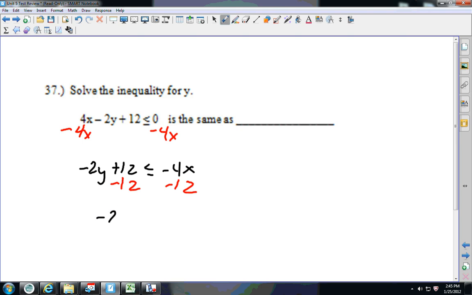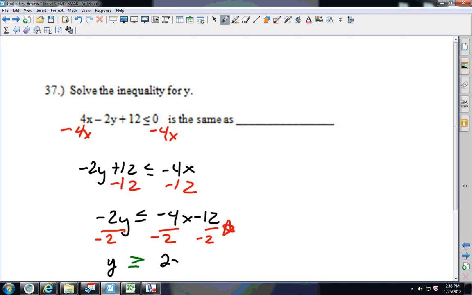I get negative 2y less than or equal to negative 4x minus 12. Divide by negative 2. I divided by a negative, so I have to flip the sign. Y is greater than or equal to 2x plus 6.